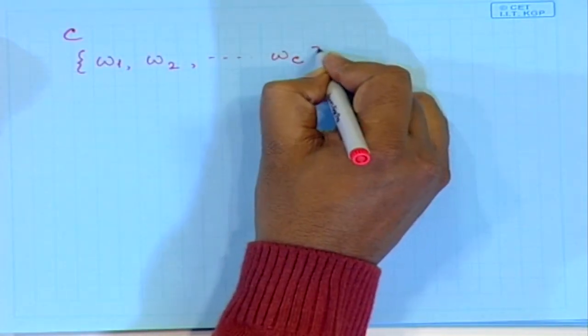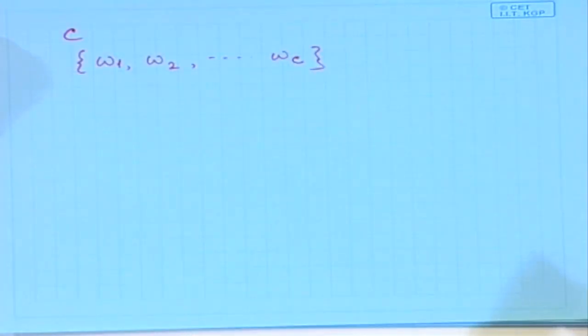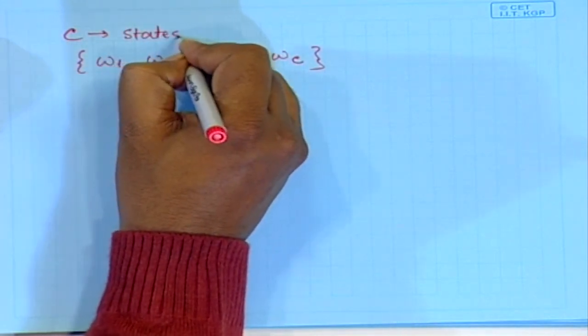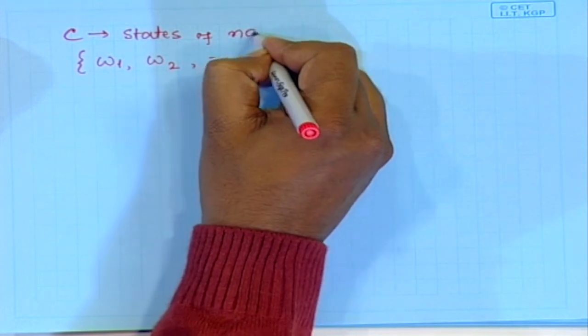As I said, we will have more than one state of nature. So, let us assume that there are c states of nature, or c classes to be more specific in our application, and let us call the set of classes omega 1, omega 2, up to omega c.